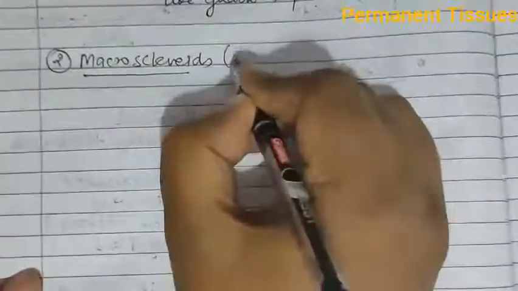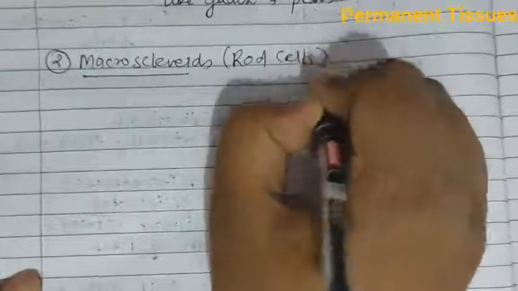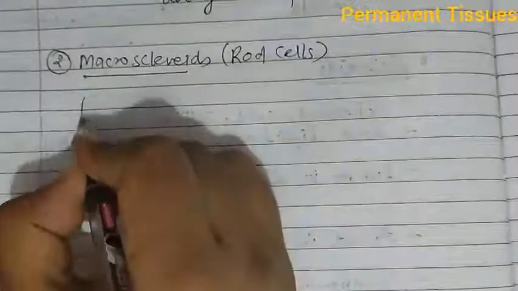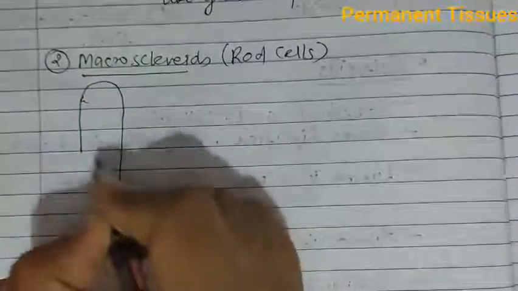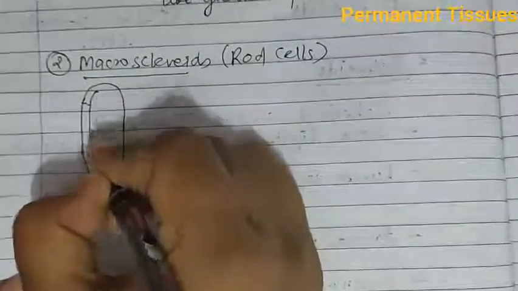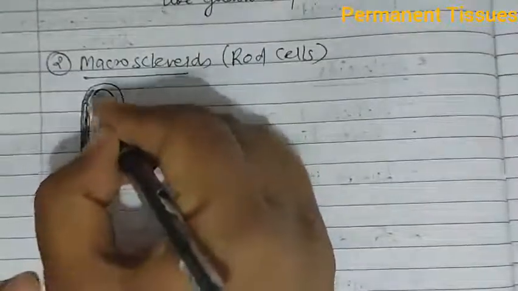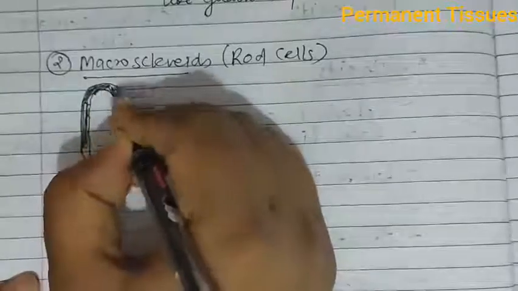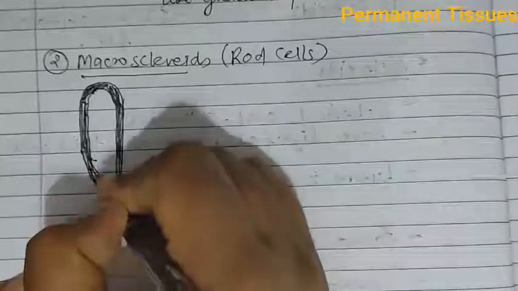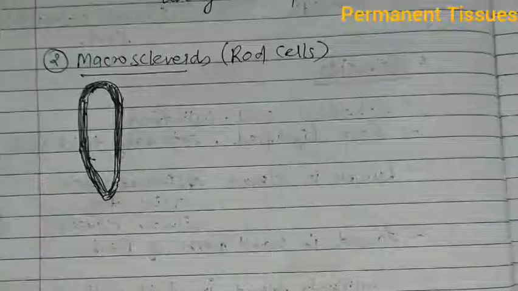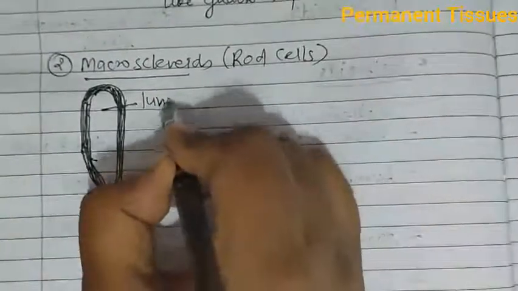Now the next type, second, is macrosclereids. Macrosclereids are also known as rod cells, and they look somewhat like this. They have a particular lumen.